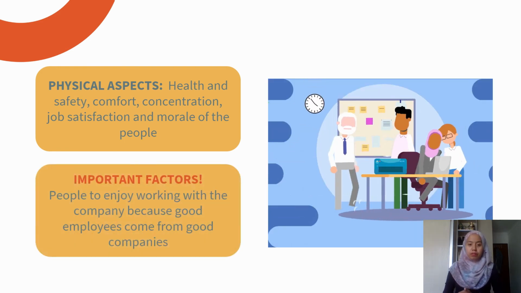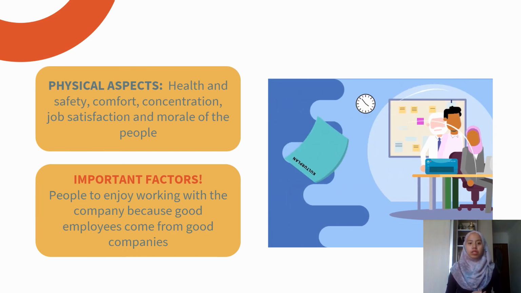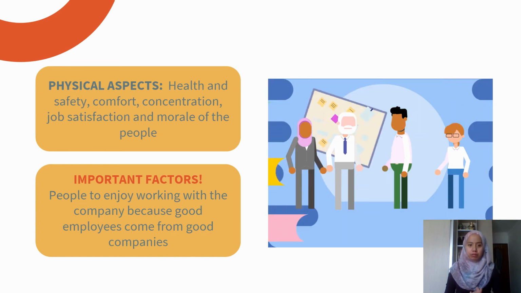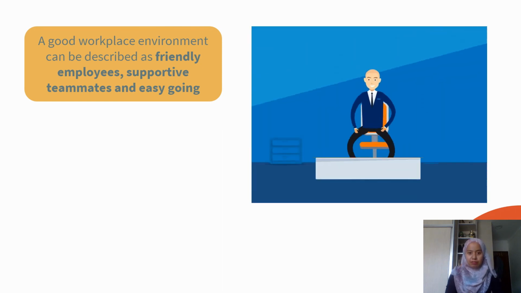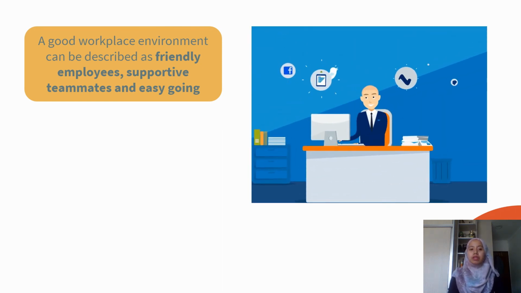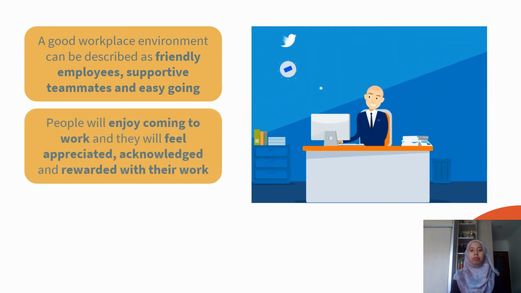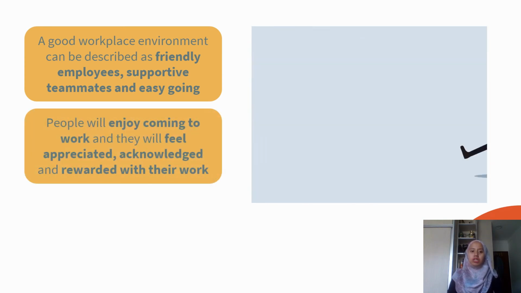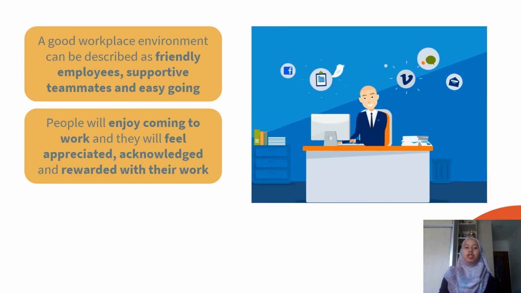When the work environment is in good condition, people will enjoy working with the company because good employees come from good companies. Furthermore, a good workplace environment can be described as having friendly employees, supportive teammates, and being easygoing. People will enjoy coming to work and they will feel appreciated, acknowledged, and rewarded for their work.